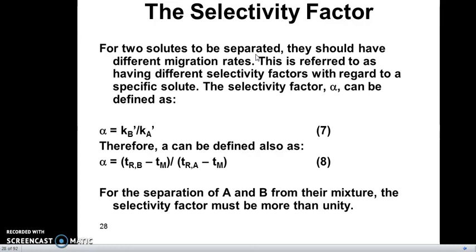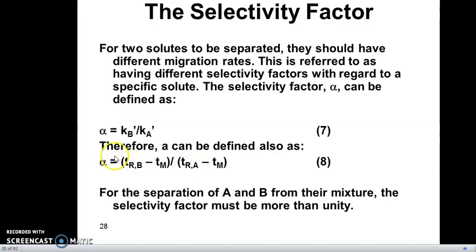A and B are the different components present in your mixture, and you have to find out the selectivity factor for the separation of A and B. So for this selectivity factor, alpha is equal to Kb upon Ka, where Kb is the distribution constant for the B solute and Ka is the distribution constant for the A solute.